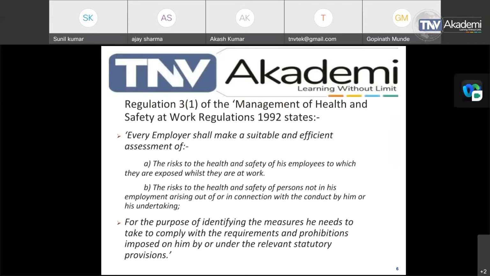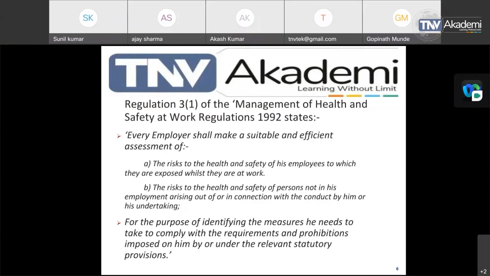So here are the regulations of management, like the work regulations, which are defined in regulation 3 paragraph 1 of the Management of Health and Safety at Work Regulations 1992. It states that every employer shall make a suitable and effective assessment of the risk to the health and safety of employees to which they are exposed while they are at work.